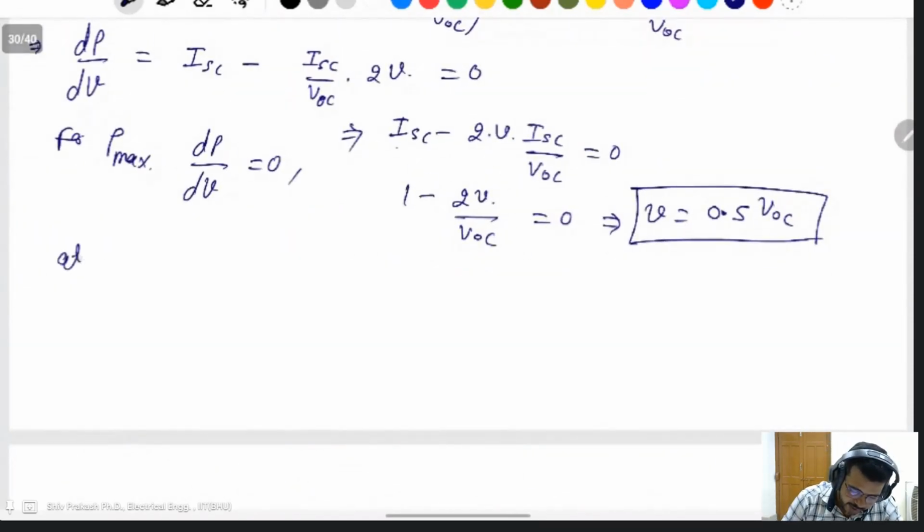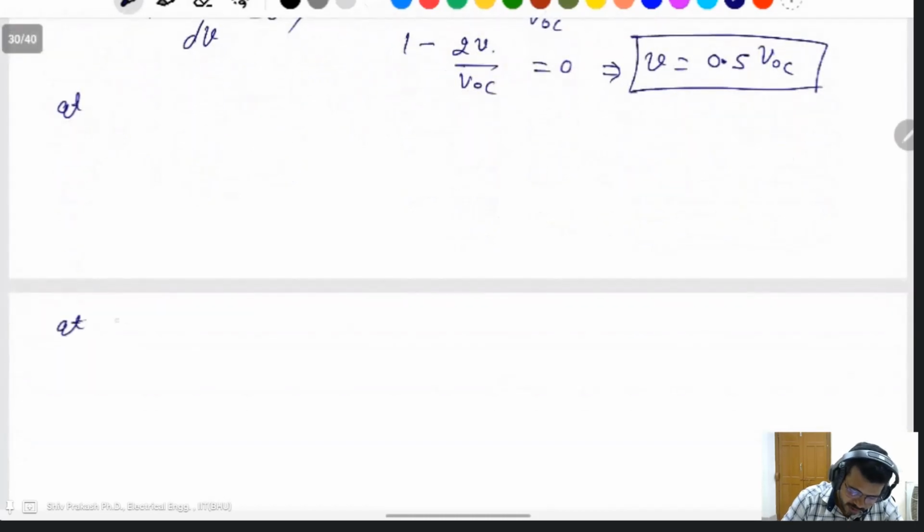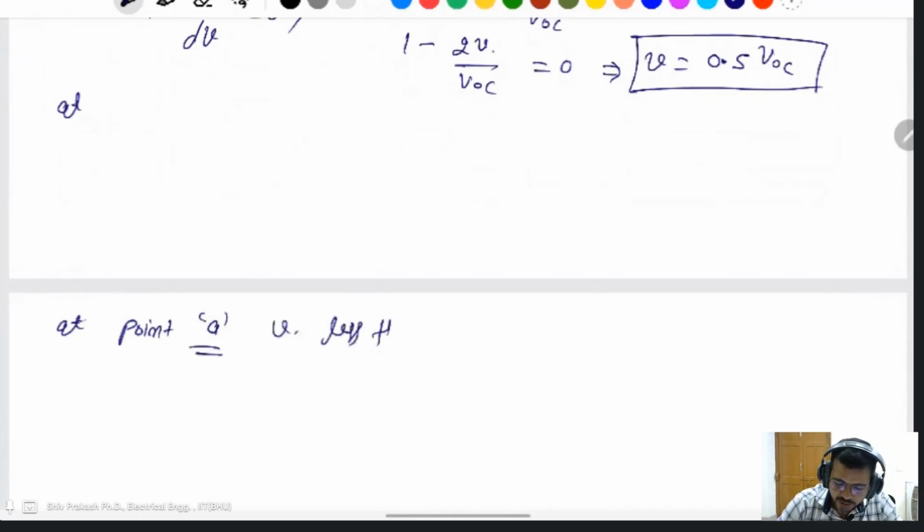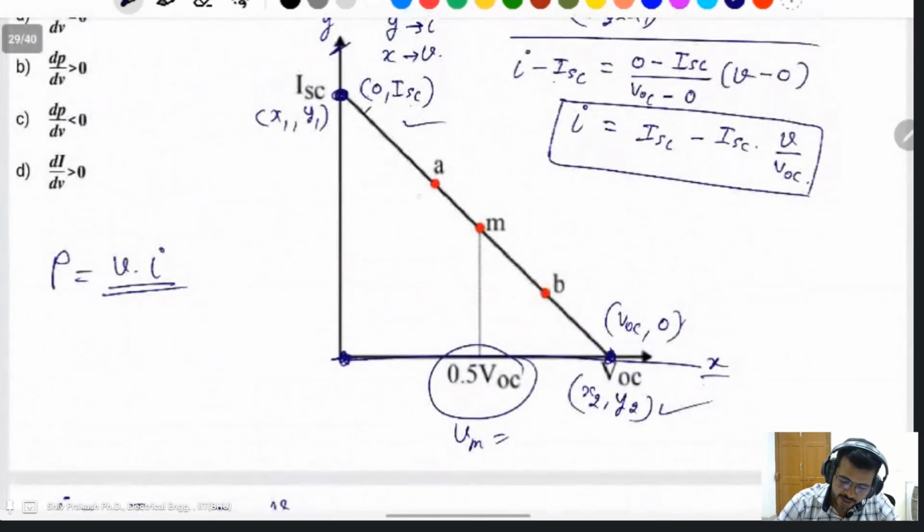At point A, V is less than VM, so this point is less than 0.5 into VOC.